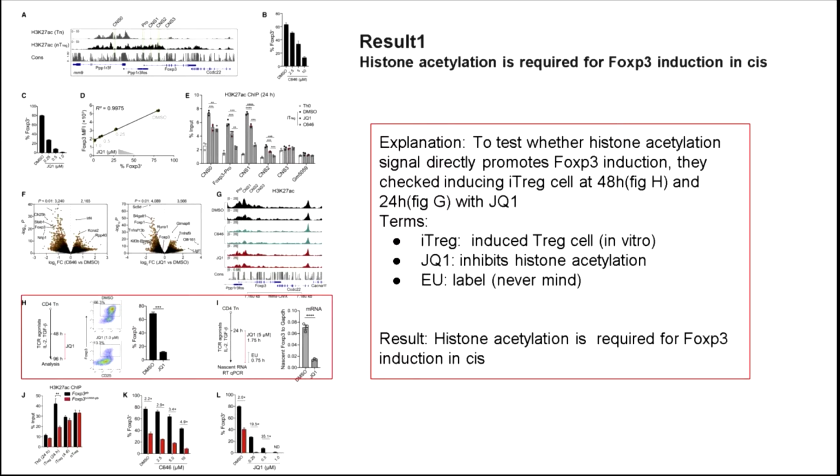And in figure I, they saw a significant decrease of mRNA expression near the Foxp3 region at the start point of differentiation. This result supports that histone acetylation is required for Foxp3 induction in cis. And please note that this explanation is my understanding, so it can be wrong.